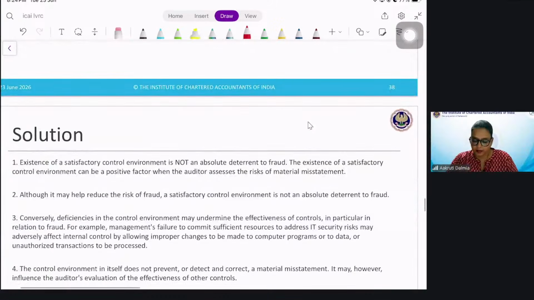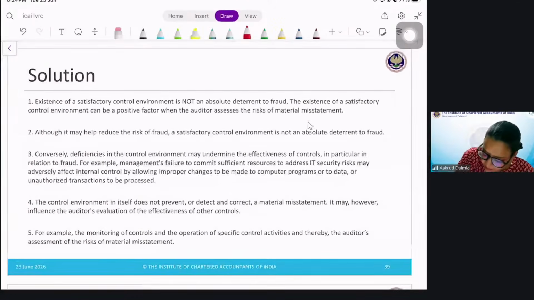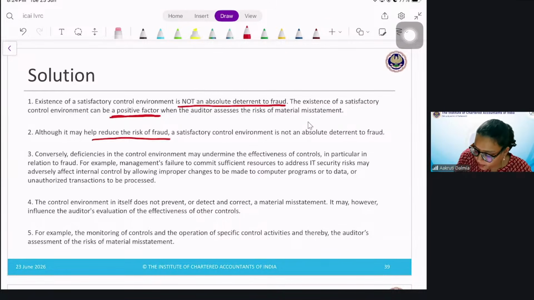So, the existence of a satisfactory environment is not an absolute deterrent to fraud. The existence of a satisfactory control environment can be a positive factor, although it may help to reduce the risk of fraud. It is not an absolute deterrent. Conversely, deficiencies in control environment may undermine the effectiveness of controls.